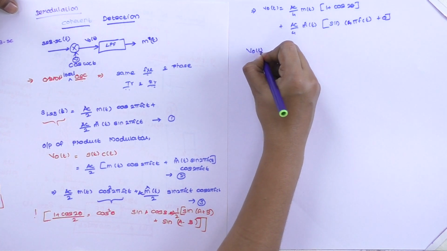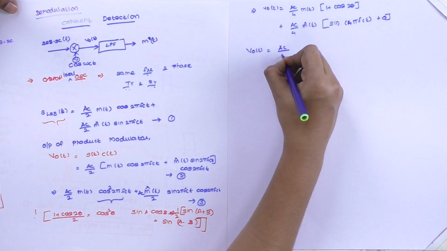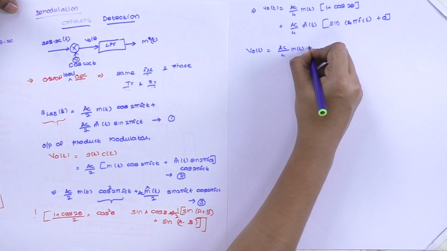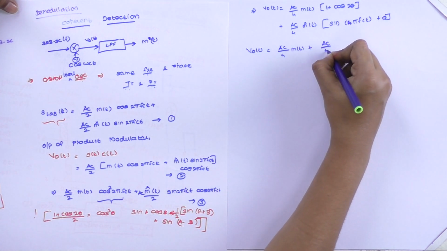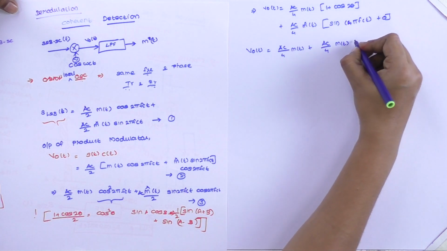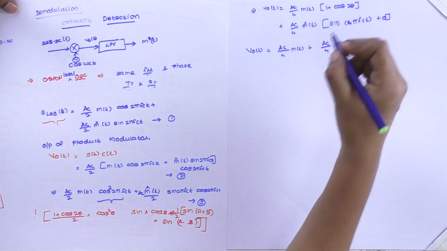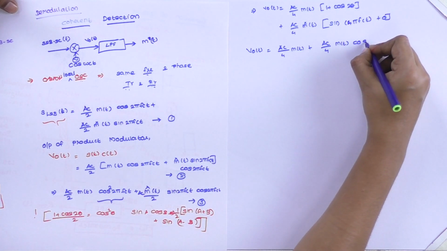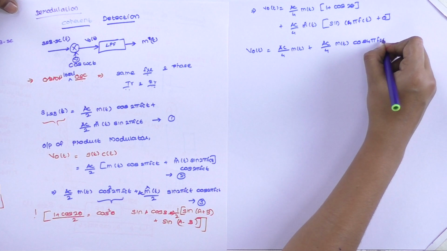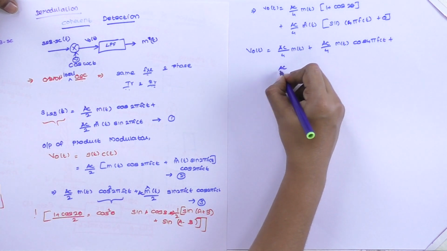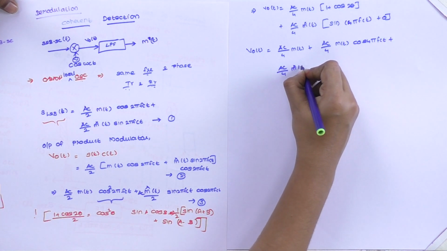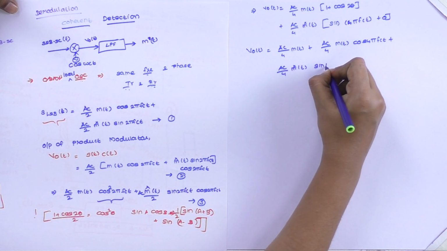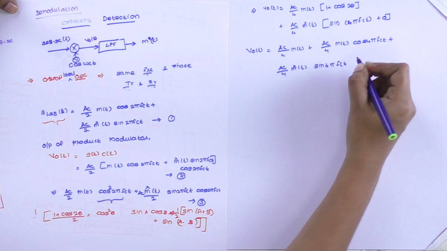Therefore our V naught of t will be Ac by 4 m of t plus Ac by 4 m of t cos 4 pi fct plus Ac by 4 m cap of t sin 4 pi fct.